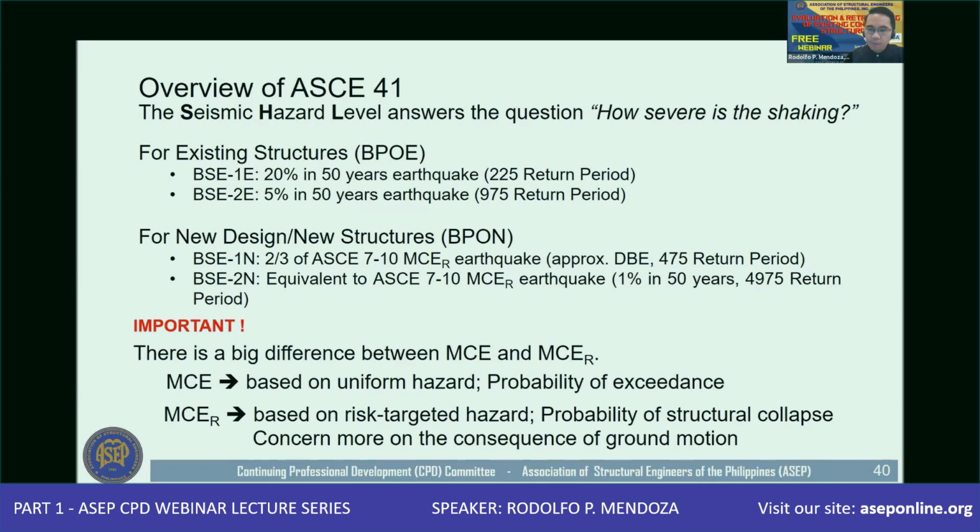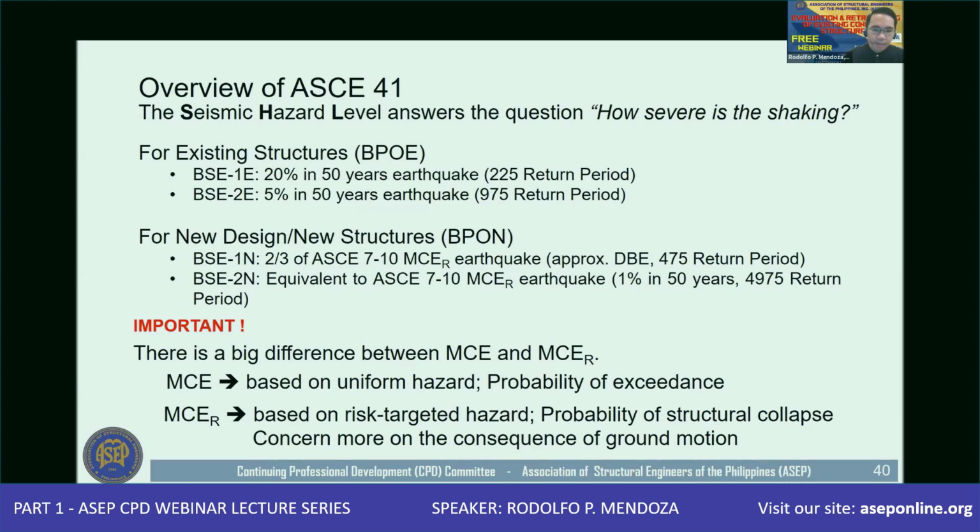It is very important for us to recognize that there is a huge difference between these two. MCE is based on uniform hazard, and it measures the probability of exceedance, while MCER is actually based on risk-targeted hazard, so what it measures is the probability of structural collapse. When I say 2% in 50 MCE, I am referring to a 2% chance of having an earthquake in 50 years.